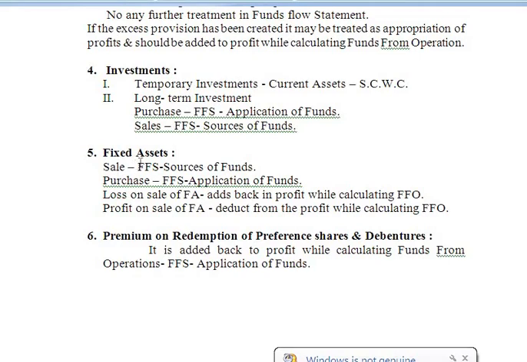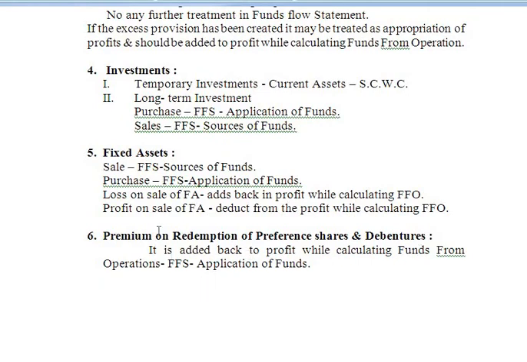Suppose there is a sale of fixed asset, then it will appear in the funds flow statement under sources of funds. And if there is a purchase of fixed asset, then it will appear under the application of funds. Suppose there is a loss on sale of fixed asset, then that loss we have to add back to the profit while calculating funds from operations.